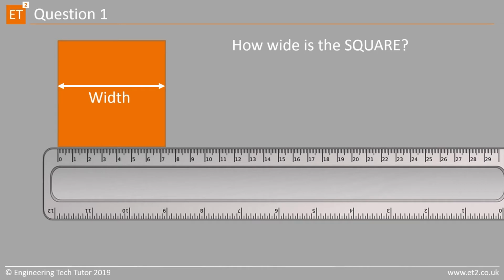Is it 5.1 centimetres, 7.3 centimetres, or 8.2 centimetres? How wide do you think it is? That's right, the answer is 7.3 centimetres. Well done if you got that right.